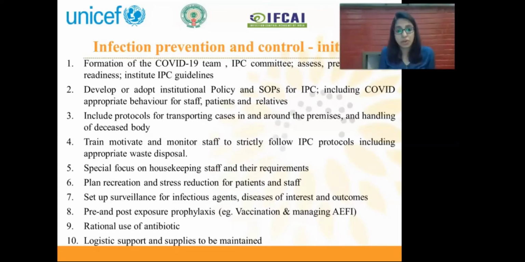At least you can have it for your own unit, your wards. Develop SOPs or use existing SOPs for your units and wards. Use protocols of how to transfer the patient, even if it is for tests. Just follow all those precautions properly so that the infections do not spread from one ward to another ward and one patient to the caregivers or others.